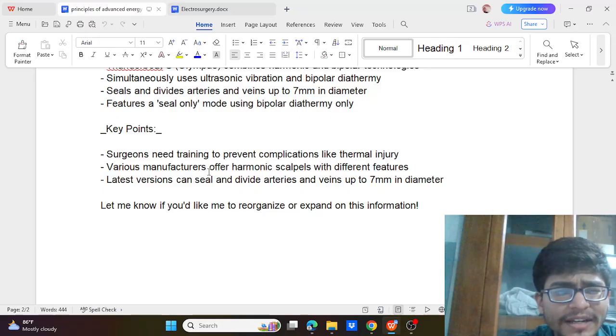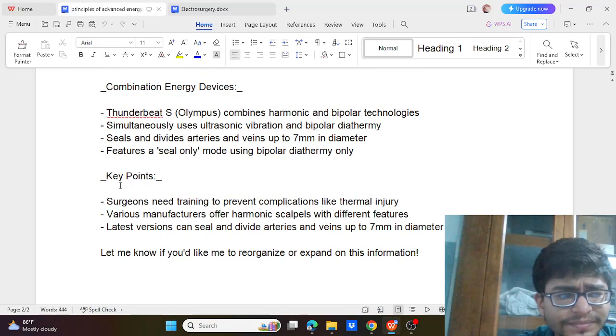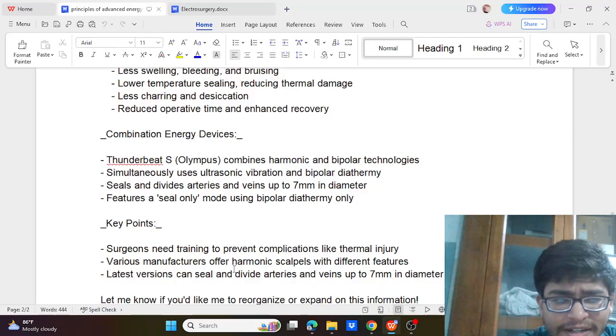Key points which we can understand: we have to have proper training to avoid complications, and there are various varieties available with various features, and at last it can divide and seal vessels up to 7 mm.